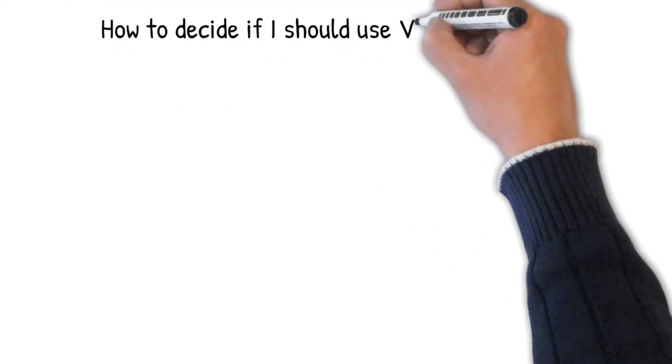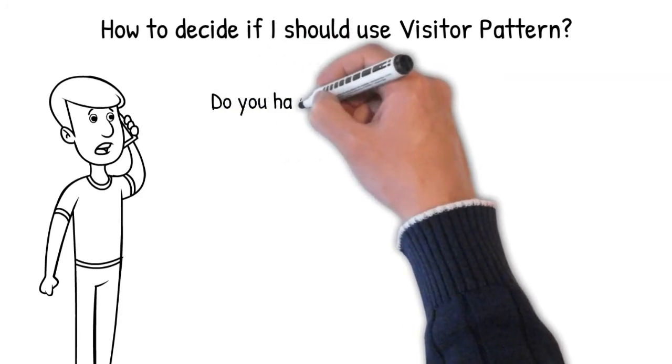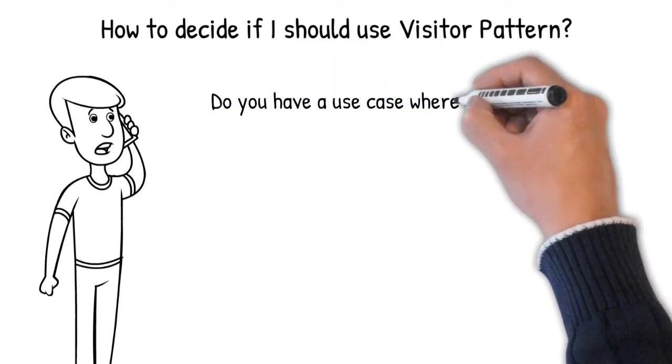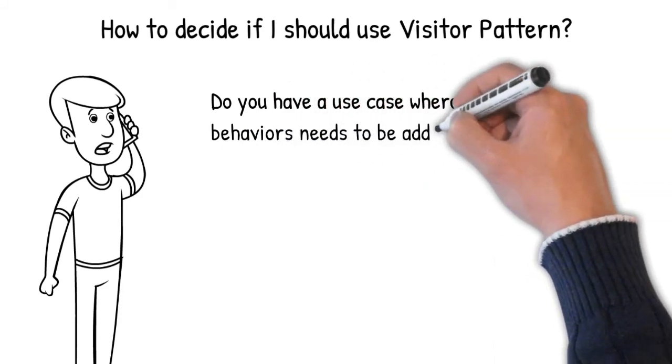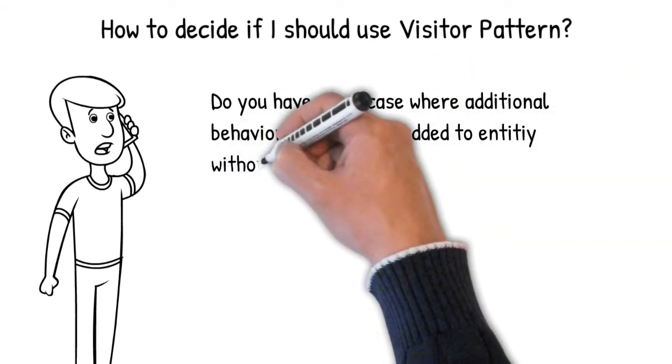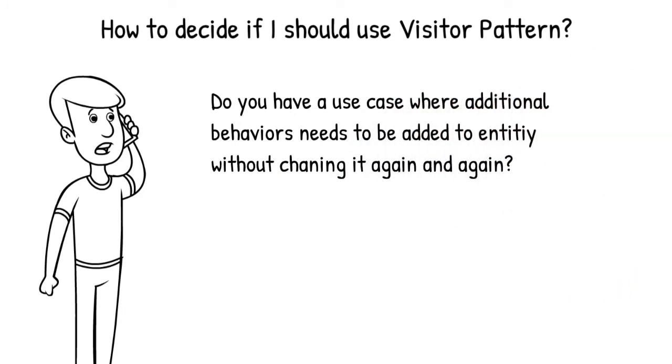I hope the examples were clear, but if you are still confused that when should I use visitor pattern, then here are the two questions which you should ask to yourself. First one, do you have a use case where additional behaviors needs to be supported on top of entity without changing its structure again and again?